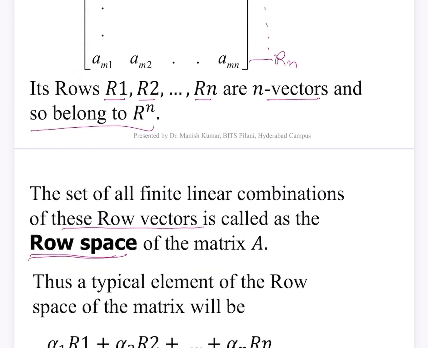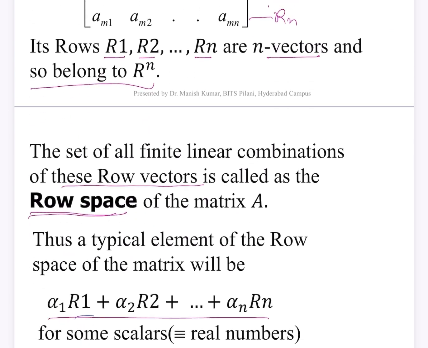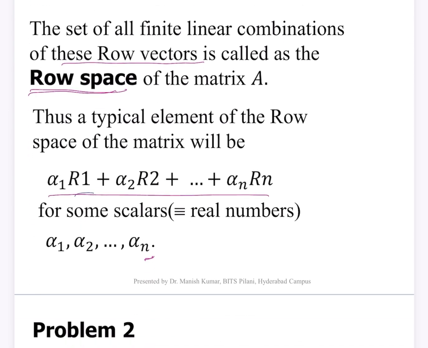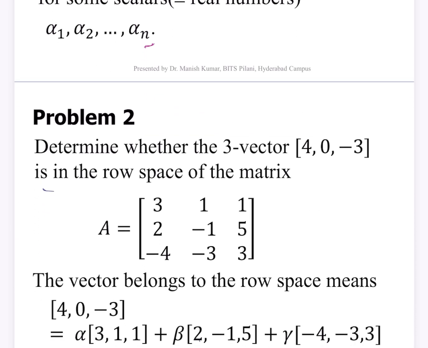If you see in this problem, these are linear combinations of the row vectors of the original matrix. So for some scalars alpha, beta, gamma, we got this vector. It means that this vector is in the row space of A, right? So here, some scalars is important.